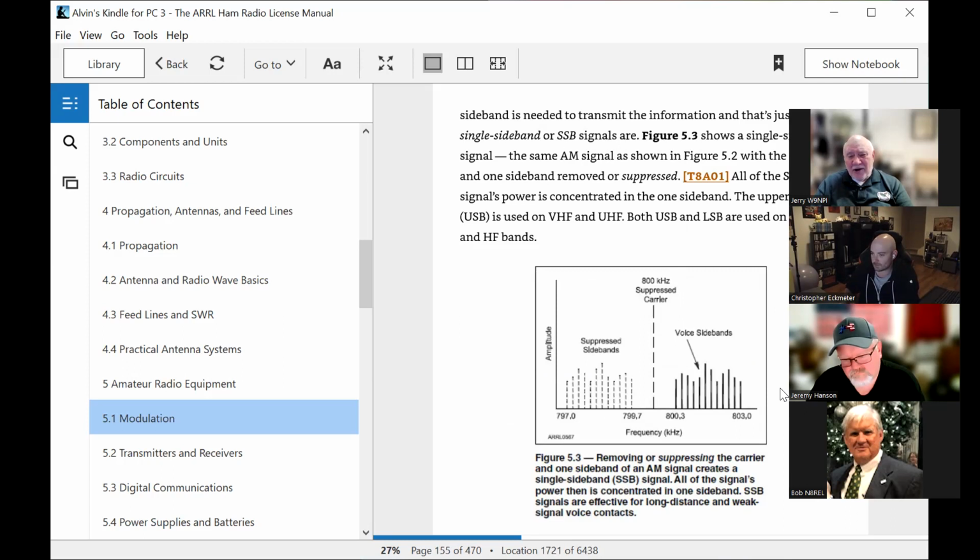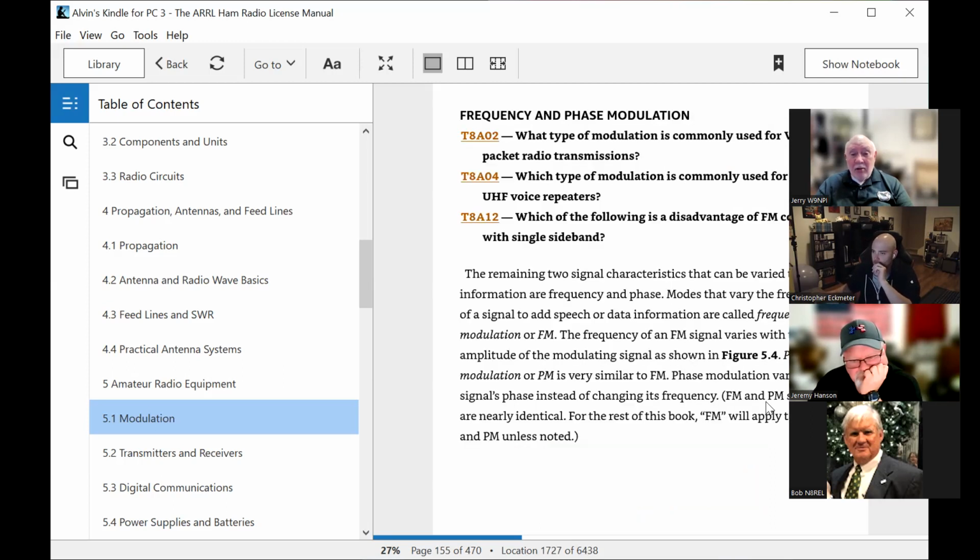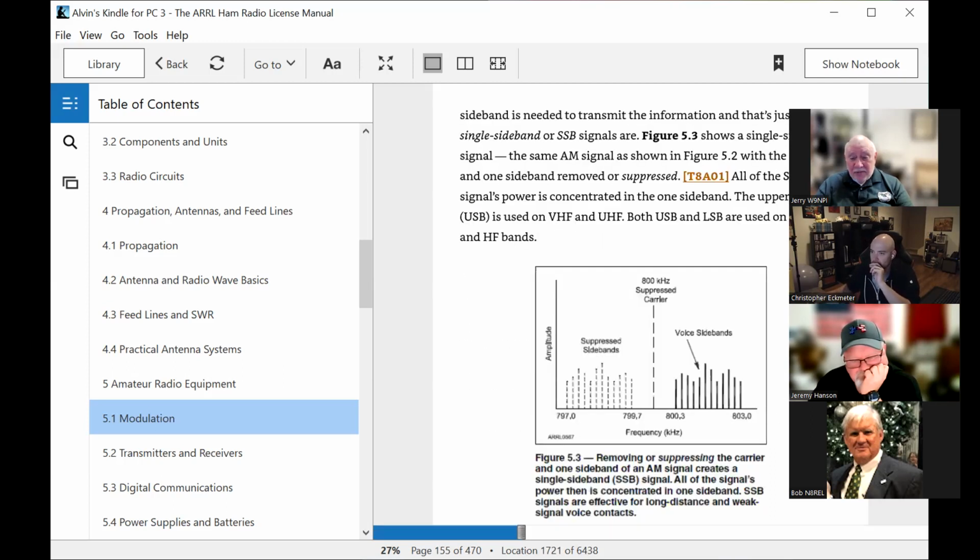Commercial airlines and military always use the upper sideband. And there's one band, the 60-meter band, or 5 point something megahertz, which has channels, and they always use upper sideband as well.